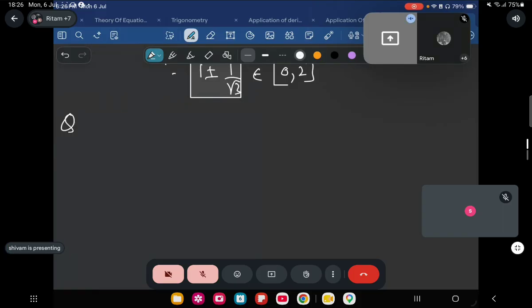Question number 2. Let f of x equal to 4x cube minus 3x square minus 2x plus 1.